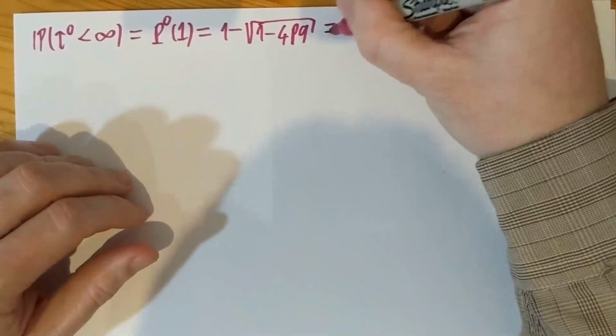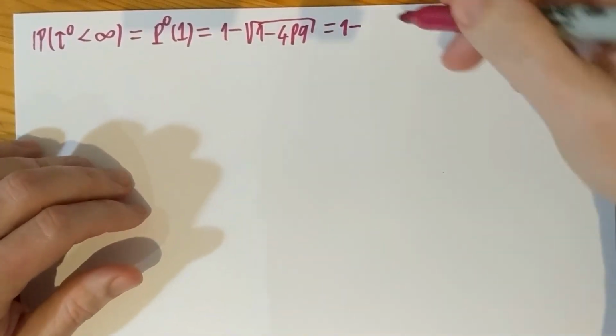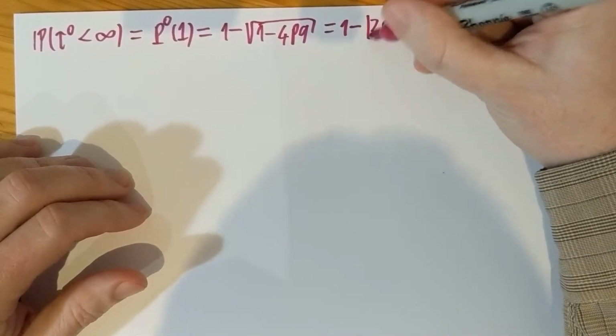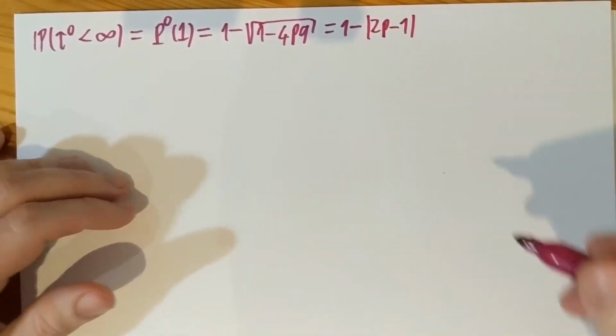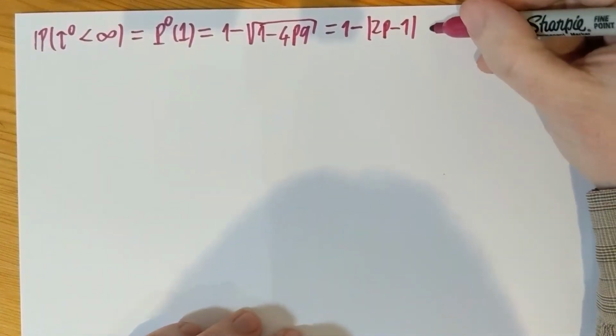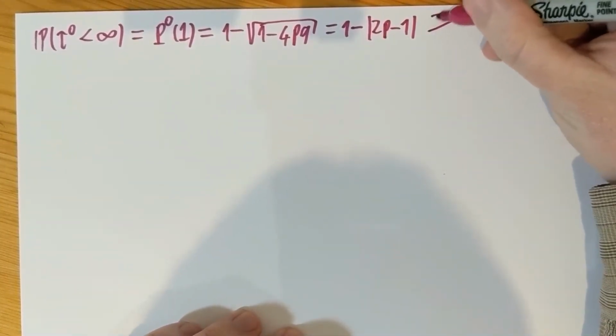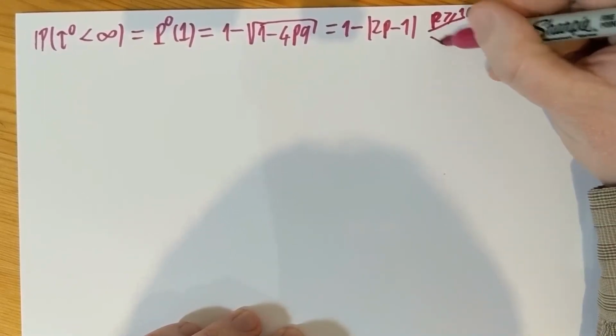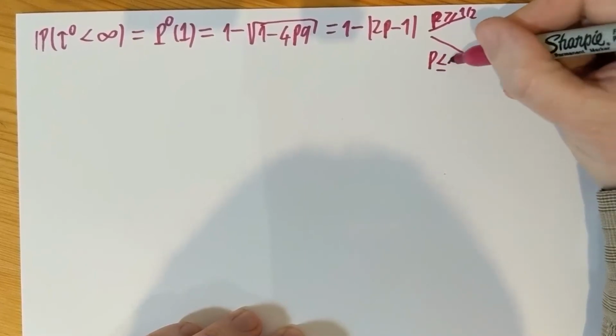Now remember that the square root with s equals 1 was just 2p minus 1 under the mod. And again I need to do cases. So the two cases are if p is larger than or equal to 1/2, and if p is smaller than or equal to 1/2.